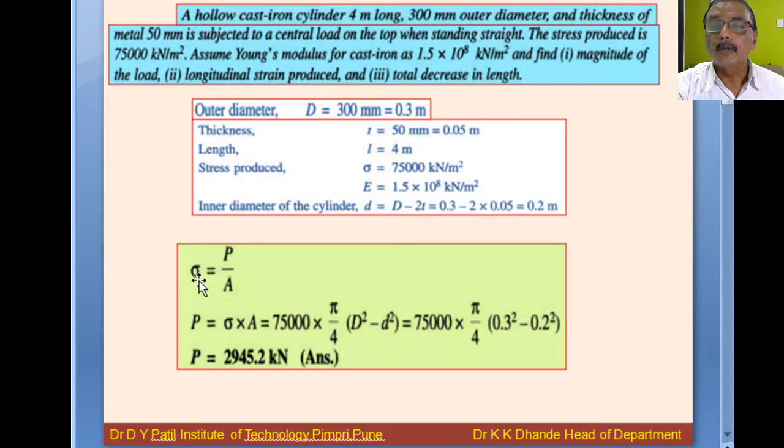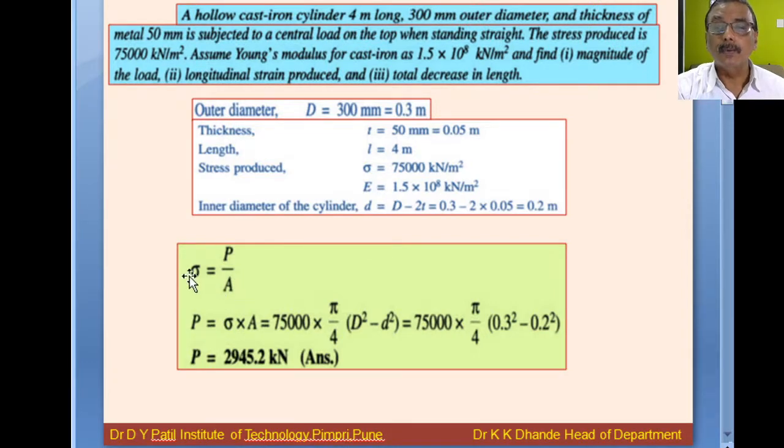First, sigma stress is given, outer diameter, inner diameter is known. So with the help of this we can calculate its cross sectional area. When hollow section will be there, cross sectional area is equal to pi by 4 into capital D square minus small d square. Capital D indicates it is an outer diameter, small d indicates it is an inner diameter. Okay, so our basic equation is sigma is equal to P upon A. So cross multiplication will be there.